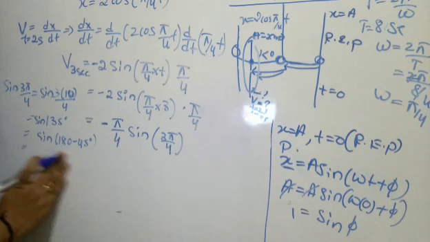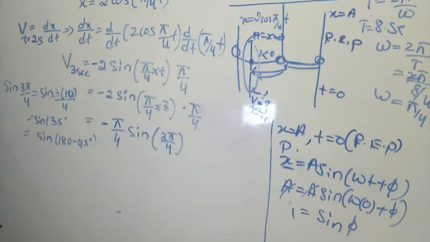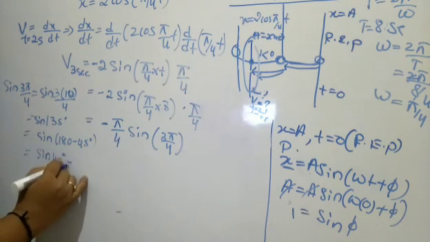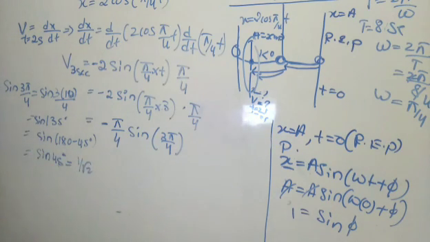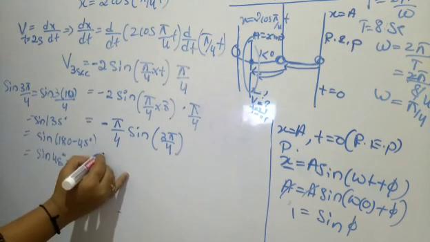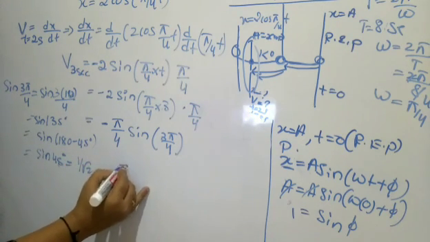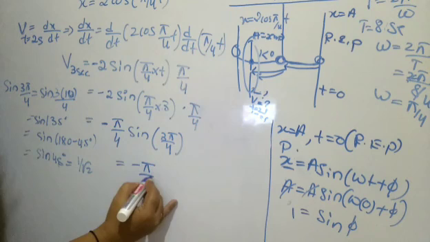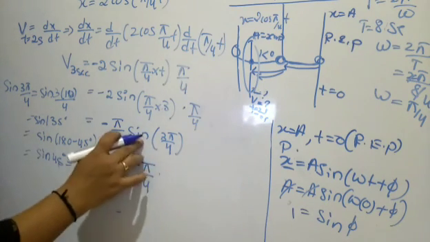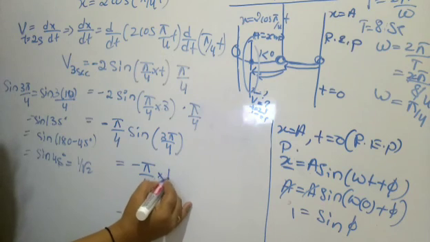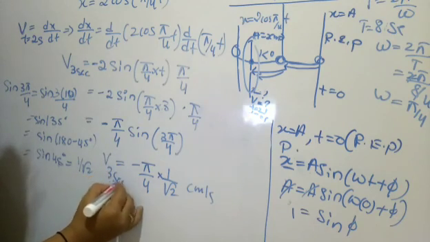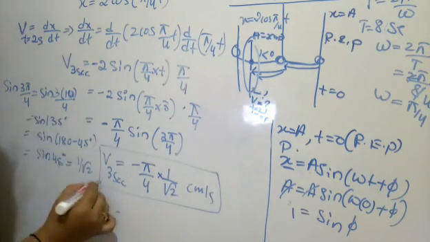So what value do we get for sine 135 here? Sine 45 degrees is 1 by root 2. So sine 3 pi by 4 is 1 by root 2. So this is the velocity at 3 seconds. So we got the value here.